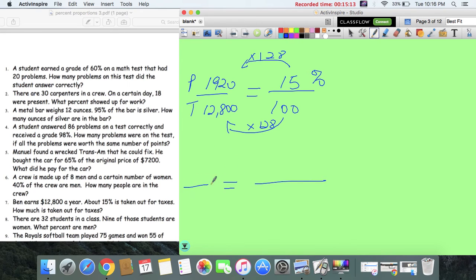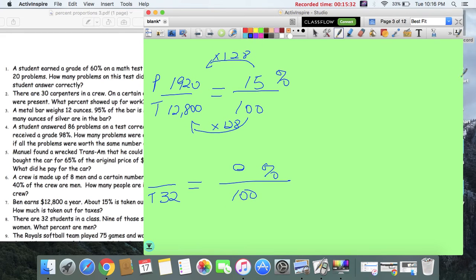8. There are 32 students in the class, so right away I know that the total number of students is 32. 9 of those students are women. What percent are women?